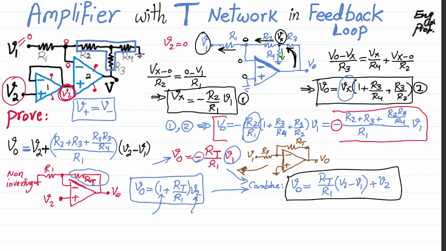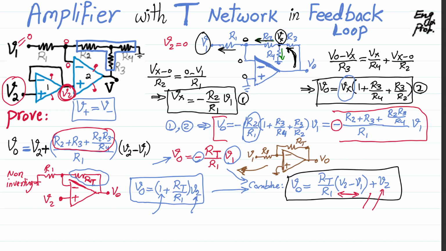Please compare that to what we were planning to prove, which is this. If you compare, you can see that I exactly have V2 plus the difference of the input voltages times RT over R1, where in the formula I'm showing, this whole thing is RT, as I just told you.